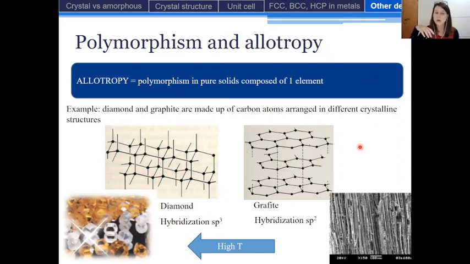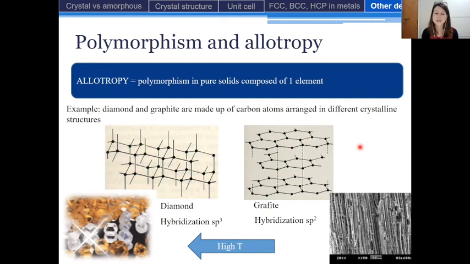From polymorphism, we can define allotropy, which is polymorphism applied in the case of a pure solid composed of only one element. For example, you know that diamond and graphite are made up of carbon atoms, only carbon. But since carbon atoms can be arranged in different crystalline structures, it can form either a crystalline structure based on the hybridization of carbon in sp3, that we described in the previous class, in which case it forms diamond, or carbon is hybridized in sp2, and in that case it creates graphite.